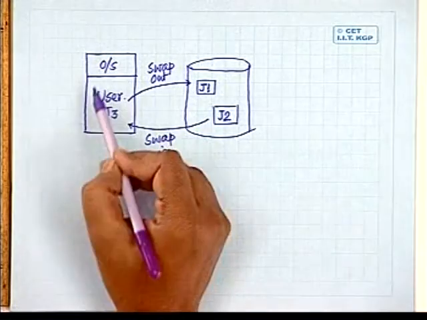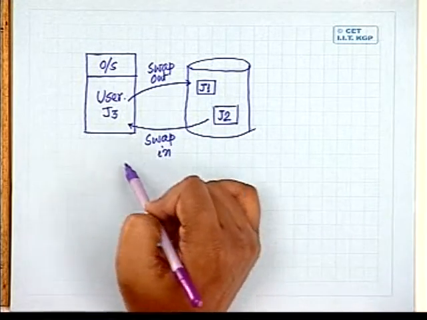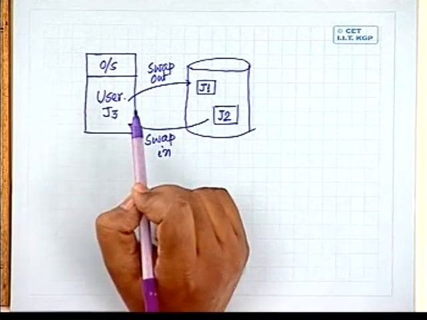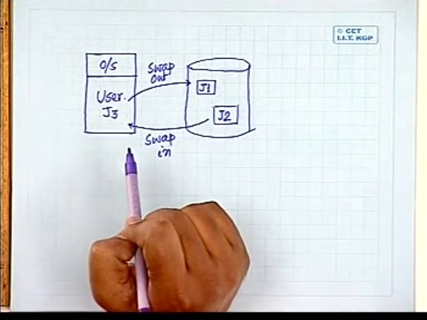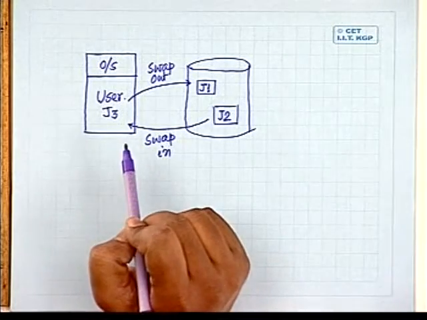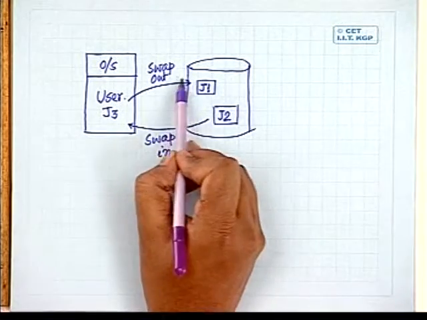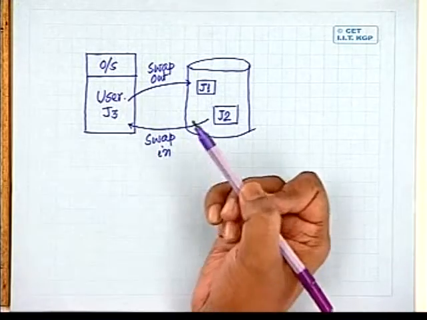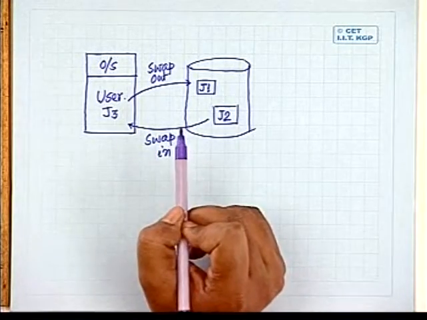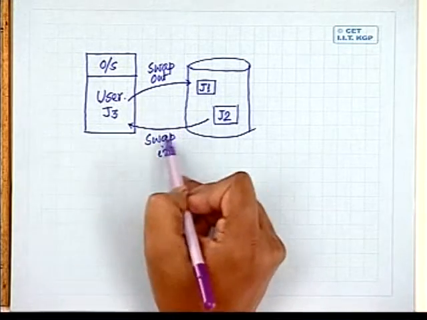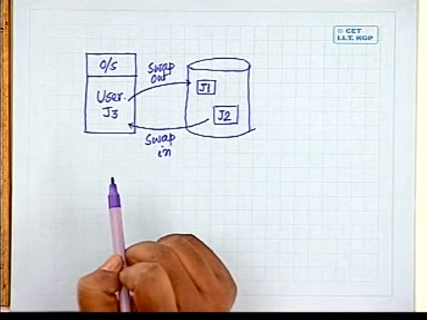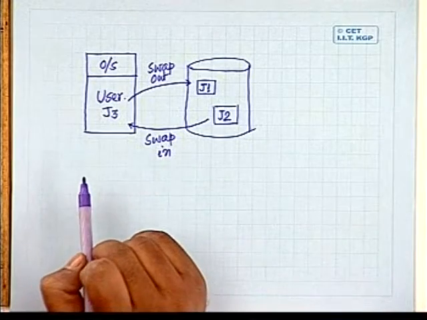So if I have a multi-user system or multi-programming system with this model, you'll find that even if we are trying to go for multi-programming to increase the CPU utilization or the CPU efficiency, because of these IO operations, the CPU efficiency will not be as high as we expect. Because until the swap out and swap in operation is complete, the CPU cannot start the next job. So still the CPU utilization will remain poor.